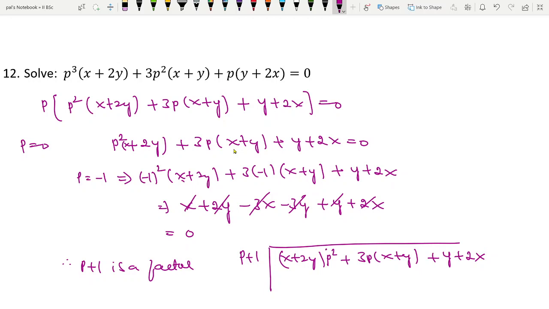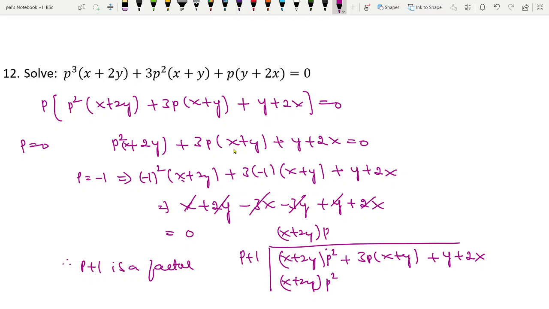So how to get this x plus 2y? By multiplying a factor with p. What do we multiply p by to get this term? We have to take x plus 2y into p. If we multiply this with p, x plus 2y into p square comes. So for that reason we consider x plus 2y into p as the first factor here. p into x plus 2y into p gives x plus 2y into p square.